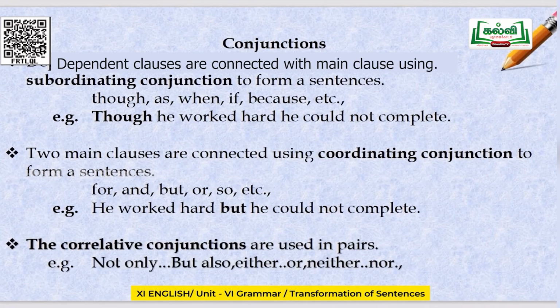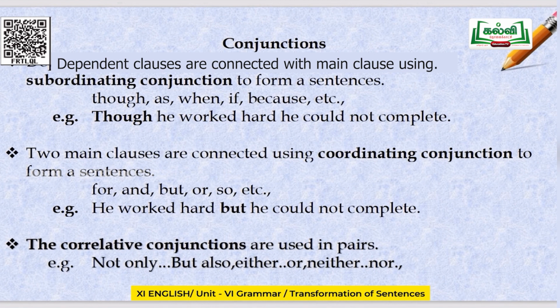What is a conjunction? Conjunction is a word which is used to connect two clauses. Yes, children, you have got number of conjunctions. Conjunctions are further classified into a subordinate conjunction, coordinating conjunction, and correlative conjunction.